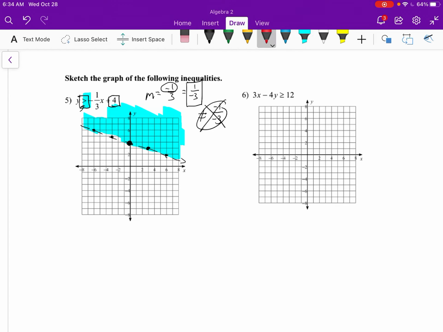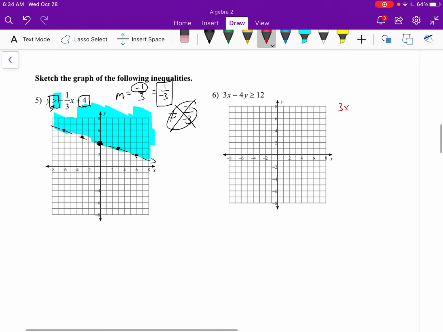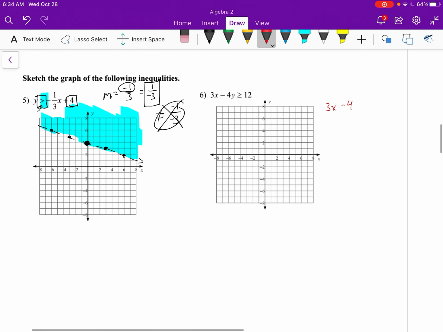And our last one we want to graph is in standard form, so we want to switch it to slope-intercept form, which means we want to solve for y. So I'm just going to come to the right here and do this. 3x minus 4y equals 12. We want to solve for y, so we subtract 3x from both sides.